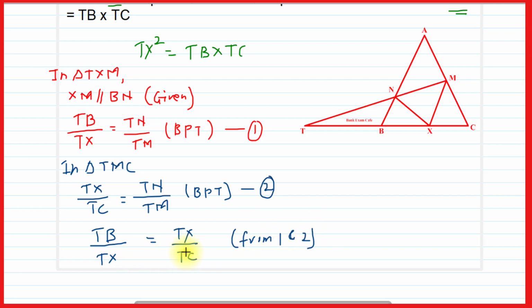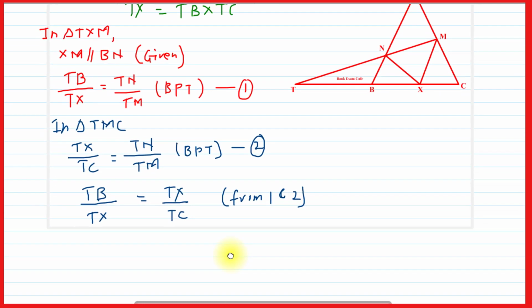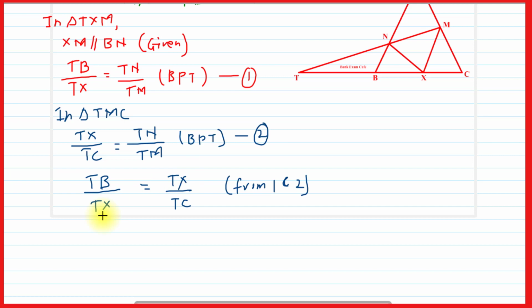Here if we cross multiply, we will get TX square is equal to TB into TC, and that only we had to prove, and hence it is proved.